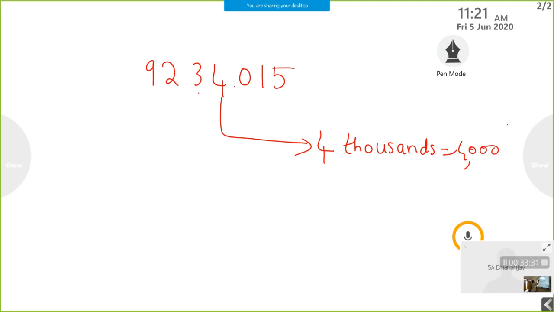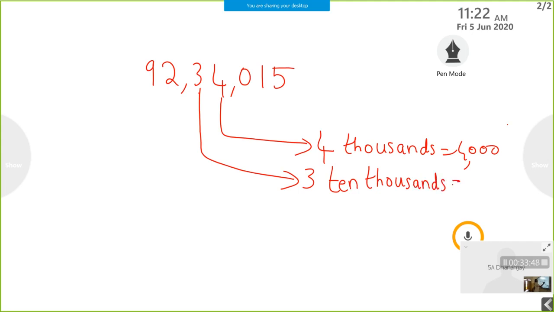Now 3 belongs to which place? It is in the 10,000s place, so its place value is 3 ten-thousands, which is 3 into 10,000, equal to 30,000.